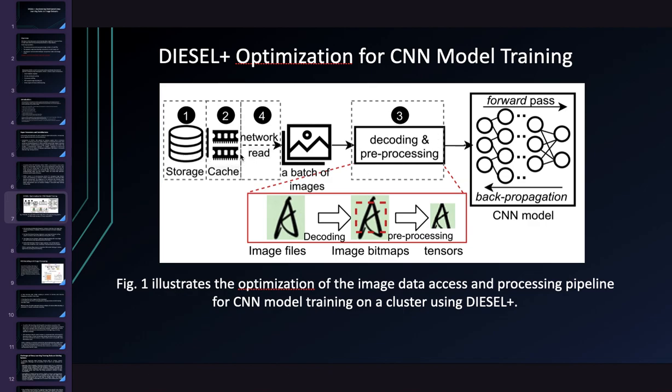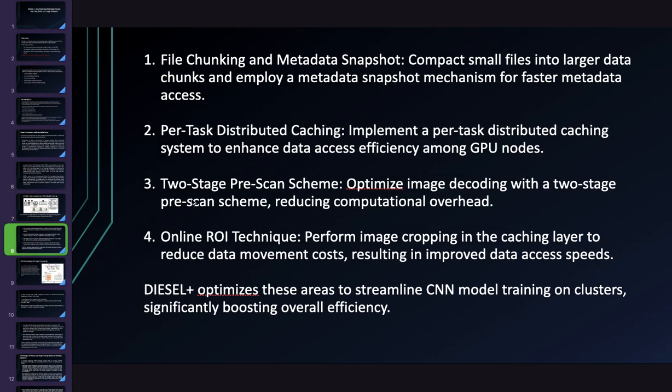Here there is the storage, the caching layer, network read, and then a batch of images. Then these images are decoded and pre-processed for training. After decoding, the images pass to the training framework, where the CNN model does the forward pass.